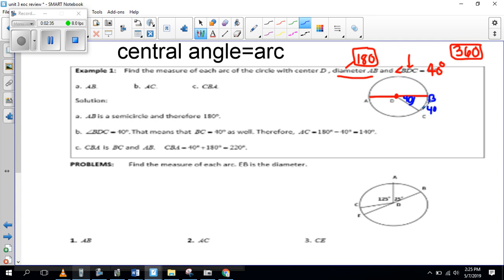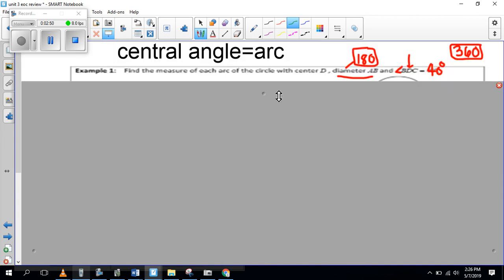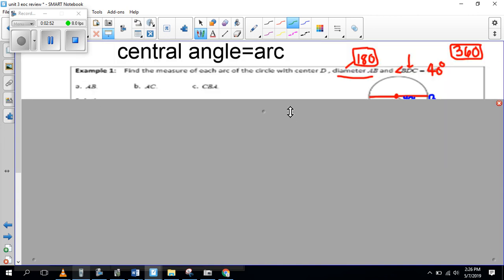Now, remember what we said about this whole thing here being 180, right? If we use our shade, and when you get on this test, you may not have the cover up, but you can use a sheet of paper and cover up wherever you've got a diameter. You see I covered up half of the circle. I know from here to there has to be 180 degrees.